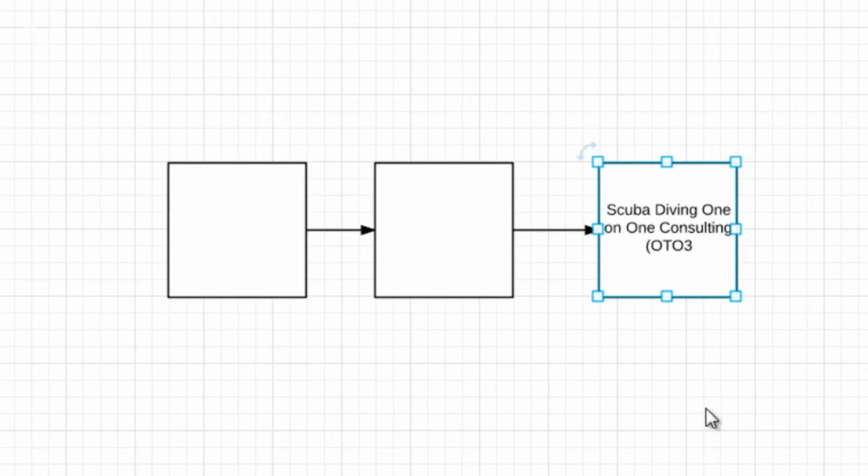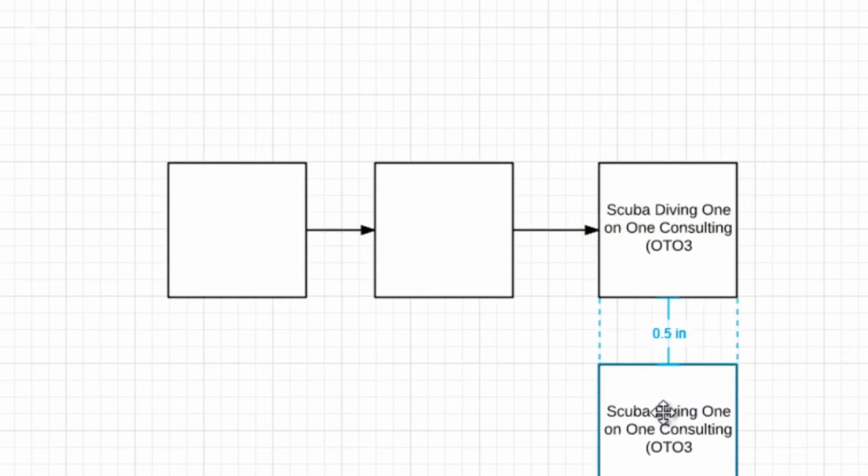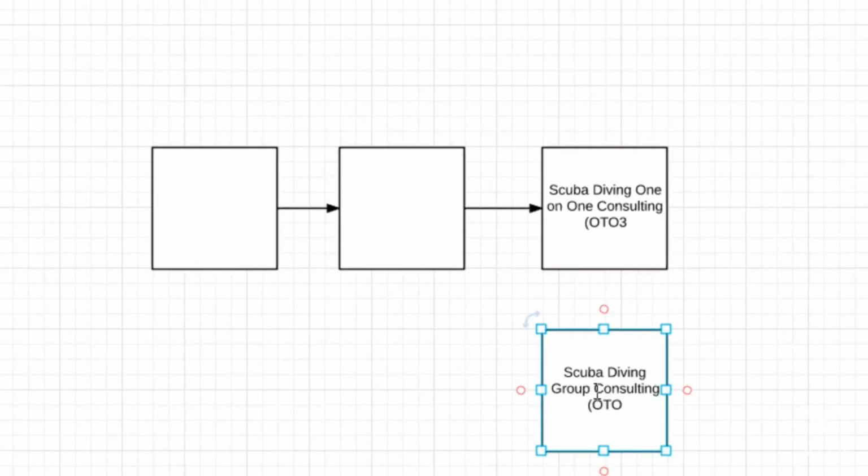With the service-based business, you could do that, and then you could do a downsell. So if somebody could not afford that, they could have something like a scuba diving group consulting, and that can be OTO3. We'll call that downsell. A downsell is basically if somebody says no to this, they are then presented with this, right?